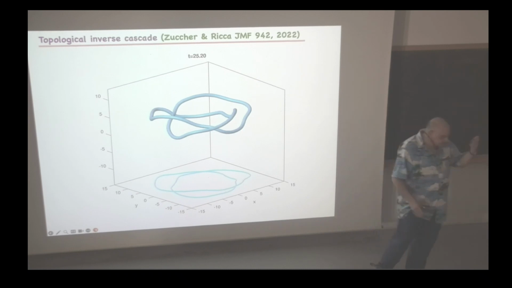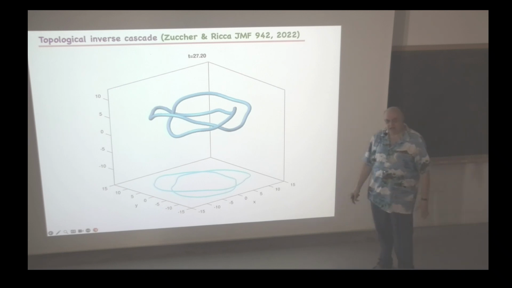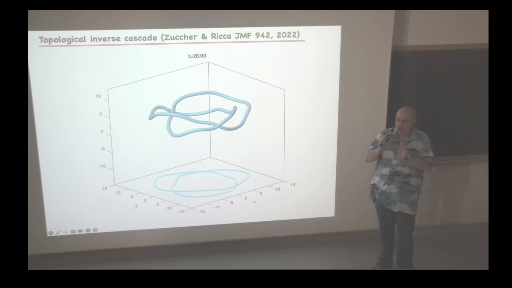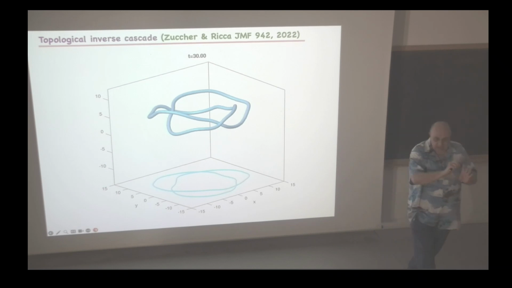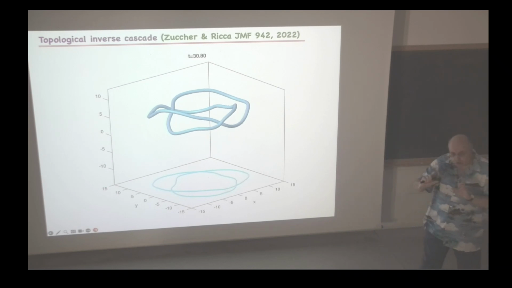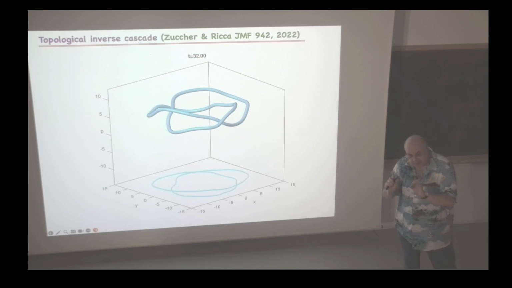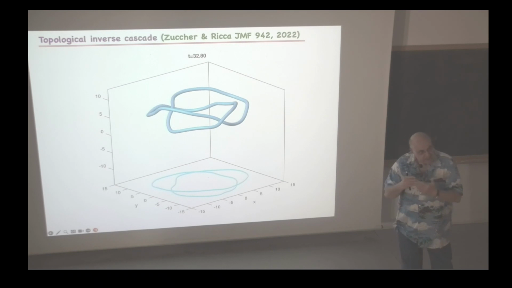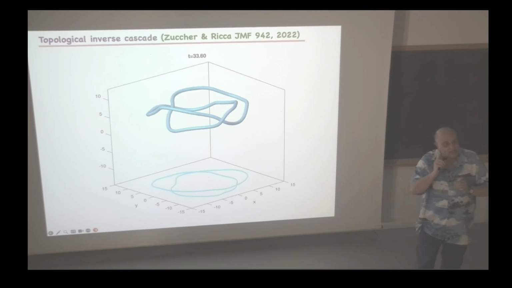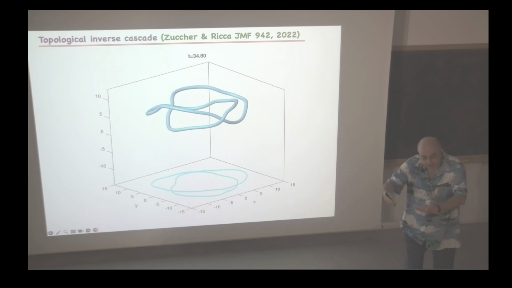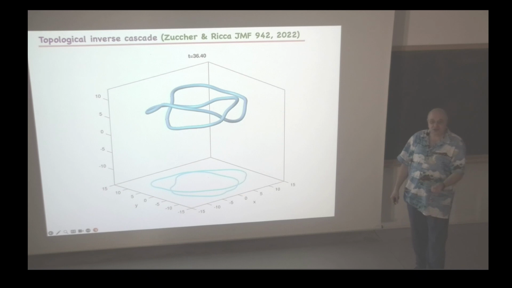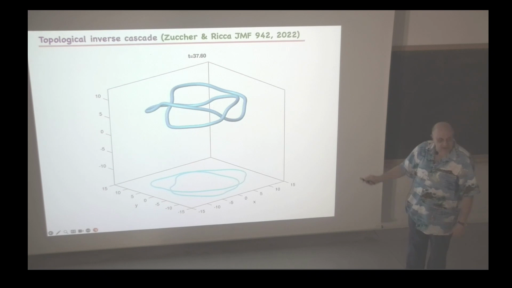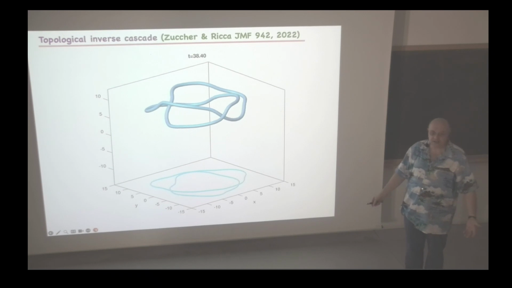I wrote a kind of conjecture, a thought, a long time ago, saying, well, if you take two elliptical rings and you work out with the mathematics the curvature, and you shoot one against the other appropriately in time and space, then they will reconnect at one single place, and then they form a Hopf link and then the trefoil knot. So this is hard to prove, but with numerics we can explore these things.